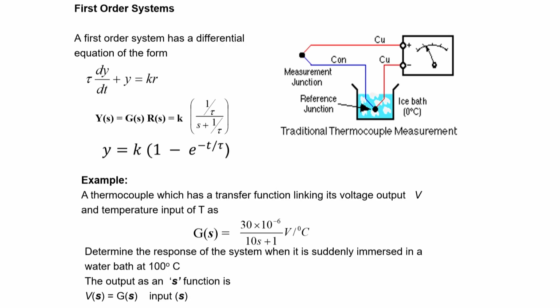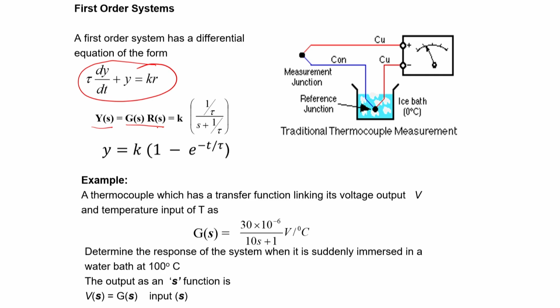Now, let us look at a typical example of a thermocouple, which is also a first order system. Let us say I want to build up an intelligent temperature control. The governing equation is first order, so tau dy/dt plus y equals k r, and the solution of it is Y(s) = G(s) R(s).